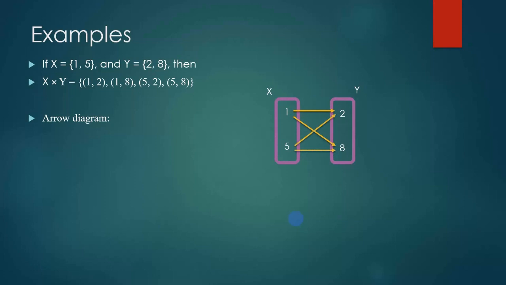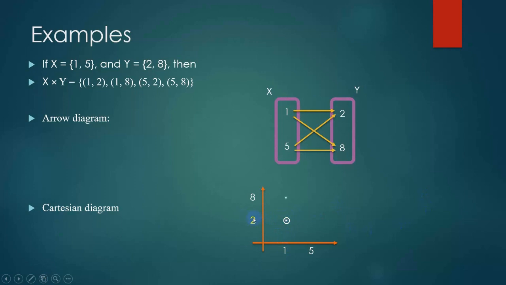Let's see about the Cartesian diagram. In the Cartesian diagram, here is the first set, which is set x. Here is the second set, set y. Each ordered pair is to be represented with a point opposite to the first projection on the horizontal and the second projection on the vertical. This point is opposite to 1, which is its first projection from the horizontal, and opposite to 2, which is its second projection on the vertical.